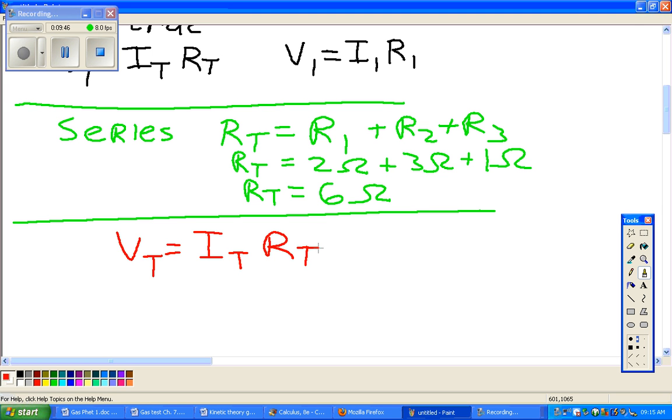This is an always true equation. You can use it for any circuit. In our circuit, we're using a 12-volt battery.